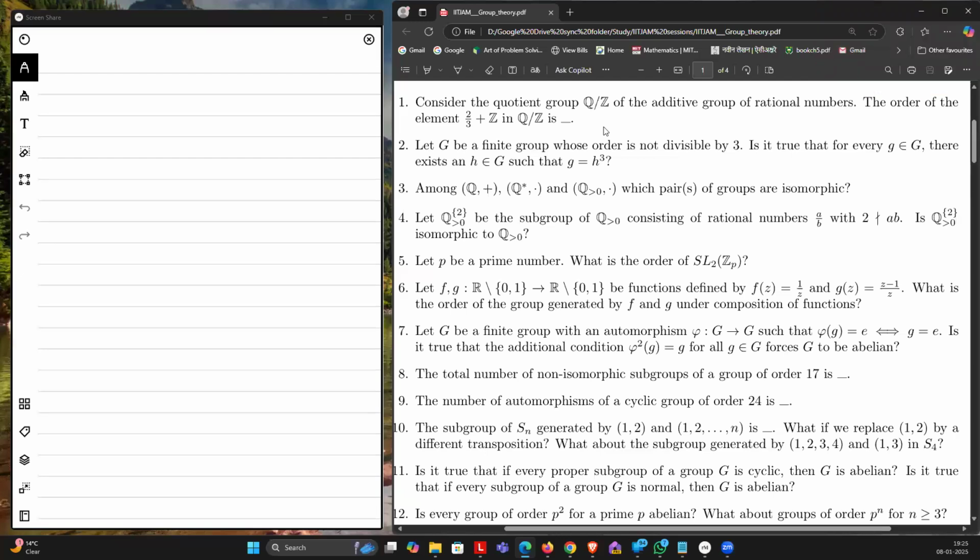Sir, it's not because Q plus has a finitely generated subgroup and Q positive dot not. Why not? All powers of 2. That's a finitely generated subgroup inside Q positive, right? Okay, sir.